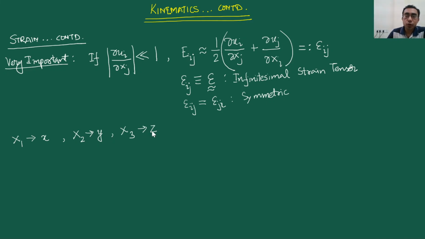So what I'm trying to do here is to establish a connection between this very general mathematical framework and the more common mathematical framework which most of you are familiar with, which is referred to as the rectangular Cartesian coordinate system, where the coordinate variables are the familiar x, y and z coordinate system.